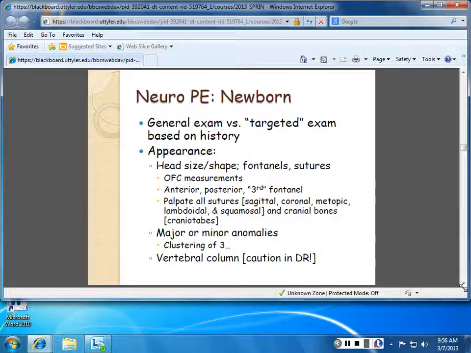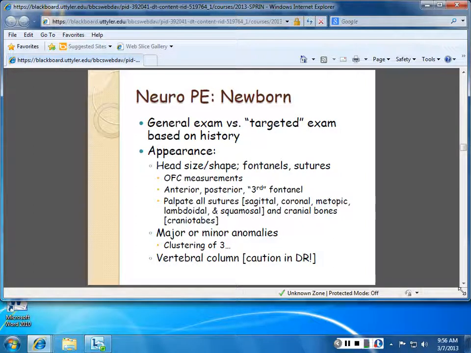Say they had ear tags. That's an anomaly. Say they had polydactyly, an extra digit. That's an anomaly. When you see clusters of three minor anomalies, you want to look closer because there's probably something else going on in one of the systems. So those are just little red flags.